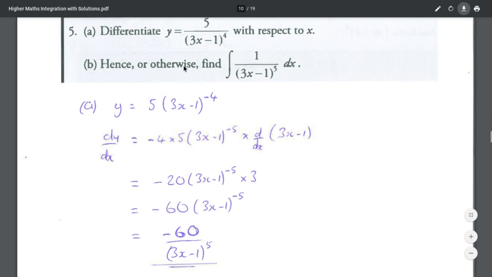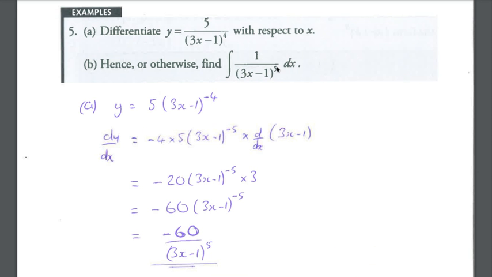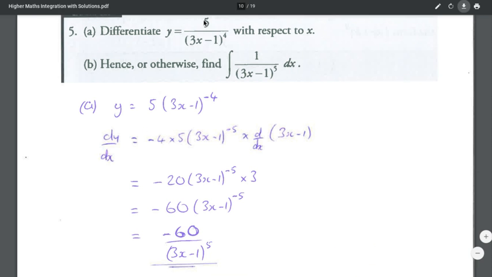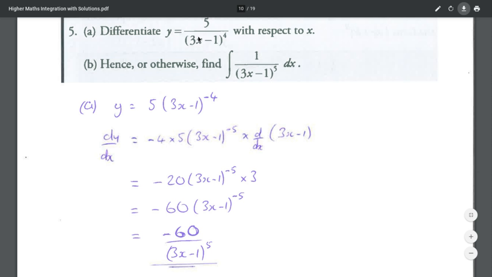Right, part B: hence or otherwise find the integral of 1 over 3x minus 1 all to the power 5 dx. If I differentiate whatever I've got in part A, I get negative 60 over 3x minus 1 to the power 5. That looks similar to this, except it's negative 60 times as large.